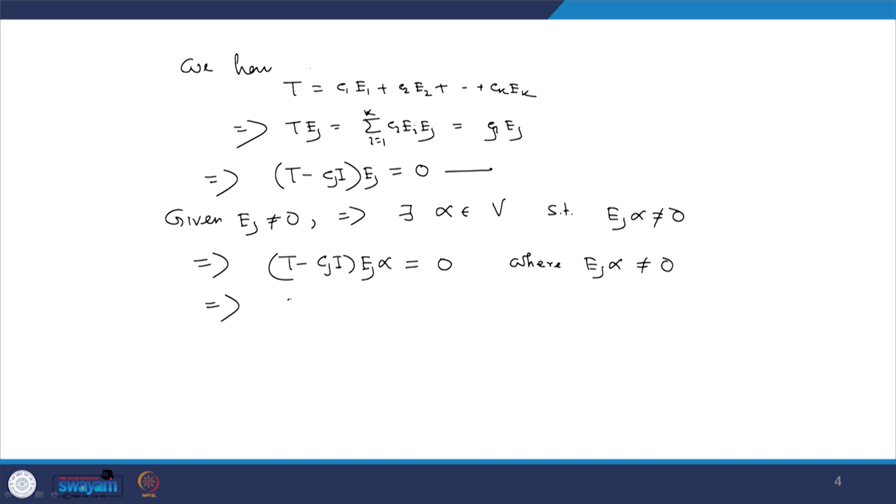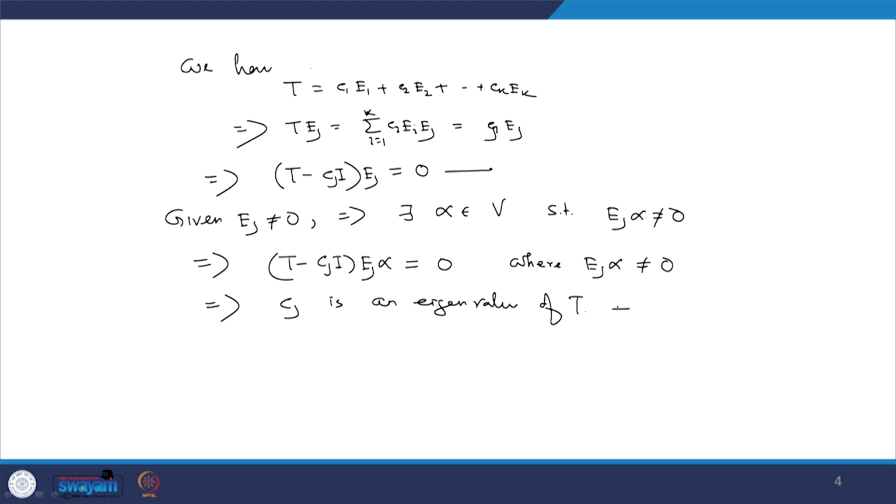So, this implies Cj is an eigenvalue of T, because T of Ej alpha equal to Cj into Ej alpha, where Ej alpha not equal to 0. So, Cj is an eigenvalue of T, please.